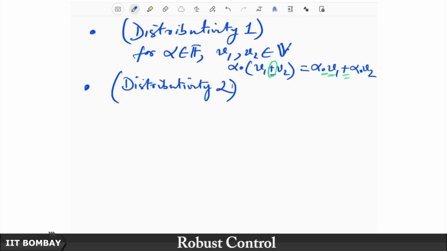What is the second distributivity property? Now this time you have two members from the field.